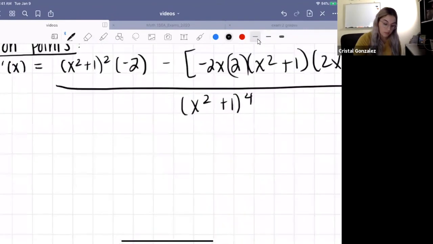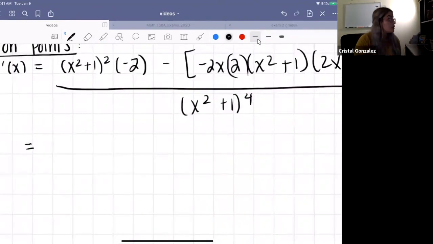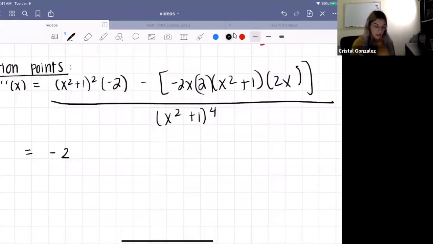And then we can simplify this a little bit. We can factor out a -2, and we can also factor out this x squared plus 1 because we have it on both ends.